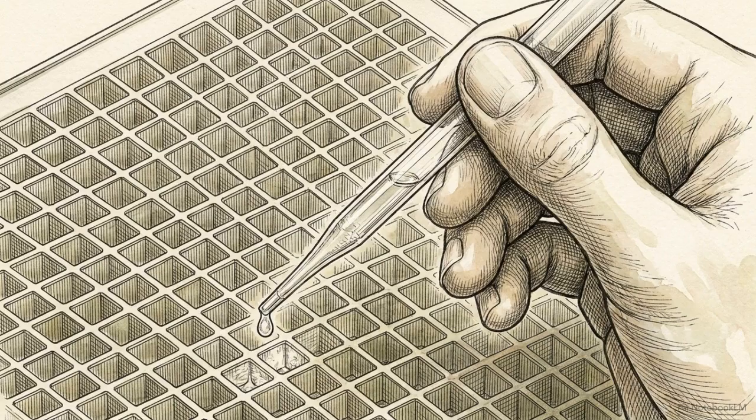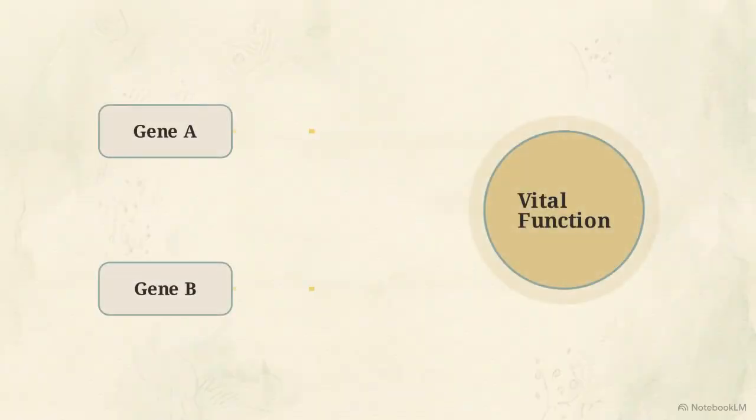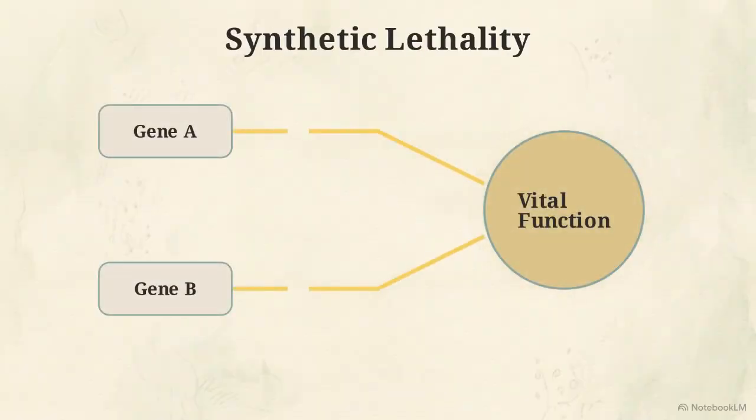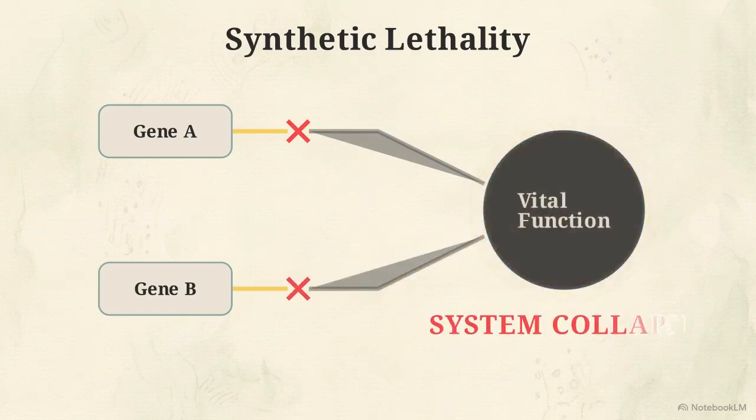You might wonder why researchers don't simply isolate the minimal genome by manually deleting genes one by one in the lab. The primary barrier is synthetic lethality. This occurs when two entirely different genes fulfill the exact same critical function. Because of this redundancy, cutting one path doesn't kill the cell, but destroying both triggers a total system collapse.